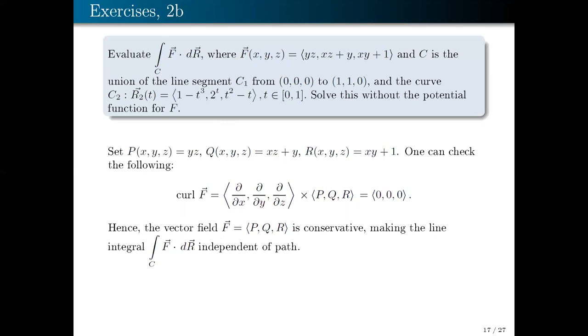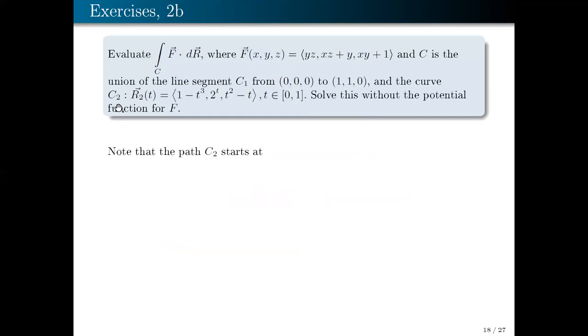All right. Let's just note the endpoints of C, which again starts from C1 over here. So it starts from the origin to 1, 1, 0. Now let's check where C2 starts and ends. C2, when t is 0, will be located at 1, 1, 0, so it starts where C1 ends. And C2 ends when t is 1 at the point 0, 2, 0.